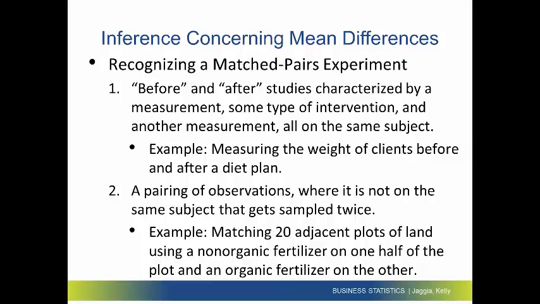This example is on the slide and also in your textbook, where there's a pairing up of lots of land and testing different fertilizers but controlling conditions such as soil and weather and so on. Therefore, the major distinguishing feature of paired or matched tests is that much of the noise in the study is controlled for, and therefore hopefully any significant difference we find is due to the intervention.